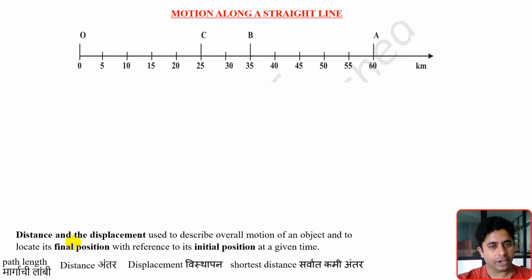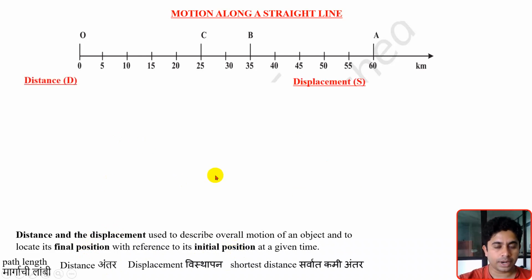Where it is, how it is, those kinds of questions we will answer using distance and displacement. So as I said, these are very important terms. We will discuss them in detail.